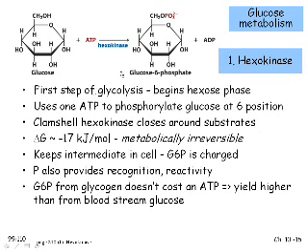This is hexokinase. So glucose with an ATP is going to be phosphorylated to glucose 6-phosphate. The molecule hexokinase actually closes like a clamshell around the substrates in order to do that. And the free energy change, in other words, the energy difference in the cell, is a minus 17 kilojoules per mole.